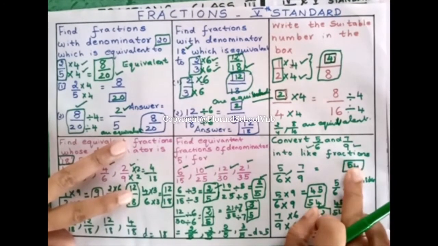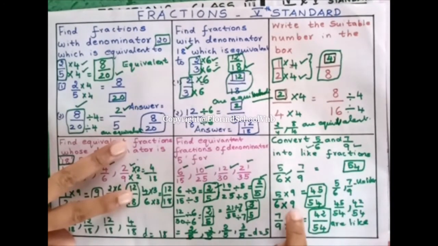In order to get 54, 6 should be multiplied by 9. The denominator should be multiplied by 9 to get 54. So the same number you have to multiply the numerator also. In order to get the denominator 54, multiply 9 into 6. Then multiply the same 9 with the numerator.